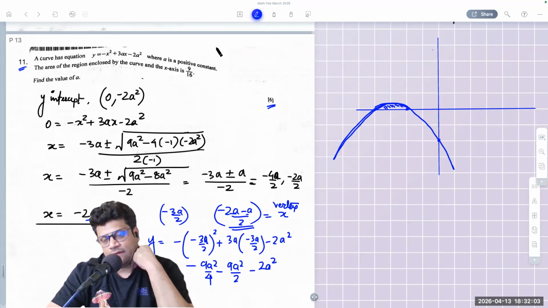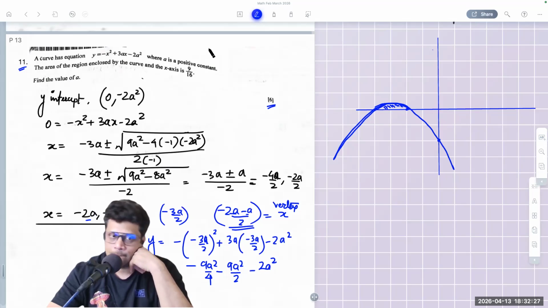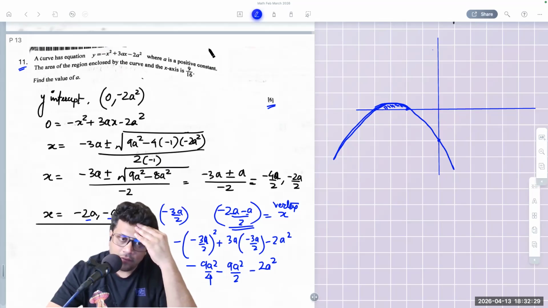How can it have a negative vertex like that? The area of the region enclosed by the curve and the x-axis.